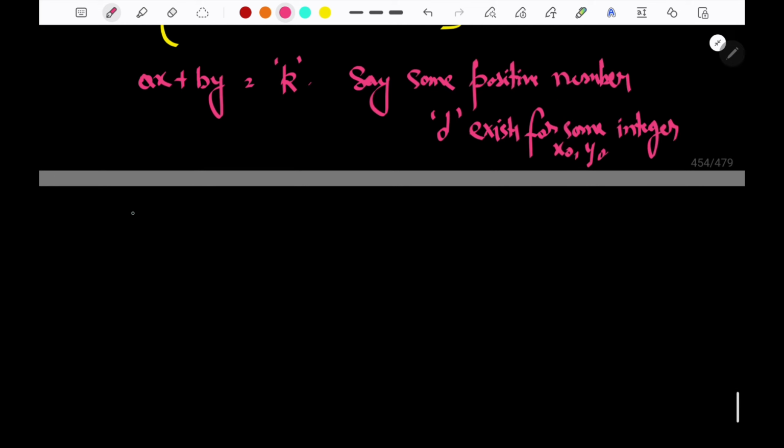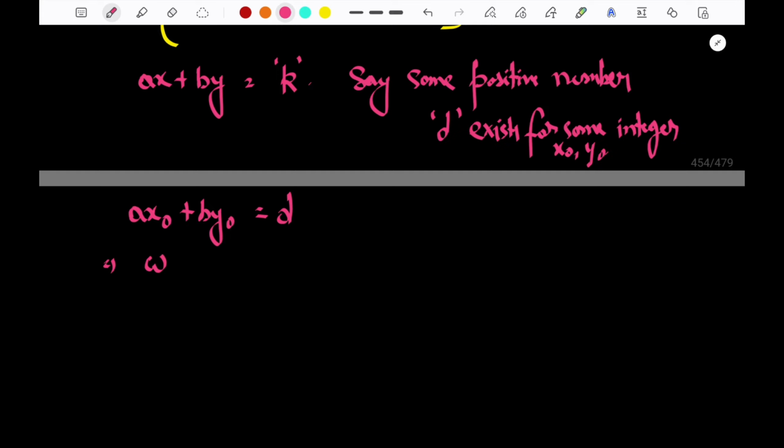What does this mean? It means ax naught plus by naught is equal to d. Here d is any random integer. We are going to prove that if d is the smallest, it will be the HCF. Now can we say that d divides both a and b?